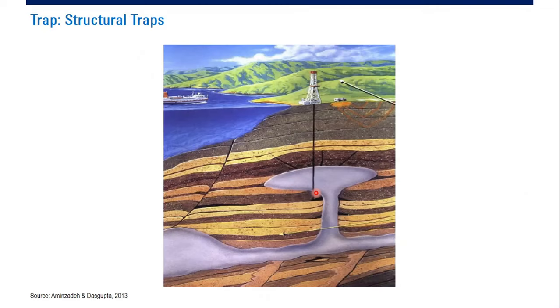This is another picture of a salt dome. This is actually a layer of salt accumulation, and somehow it moves to the upper side and the oil and gas reservoir is formed here. We call it structural traps.